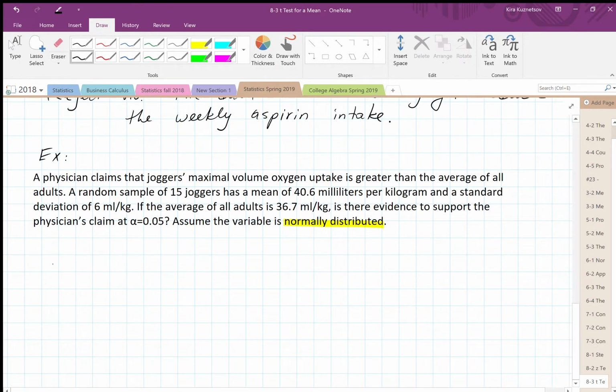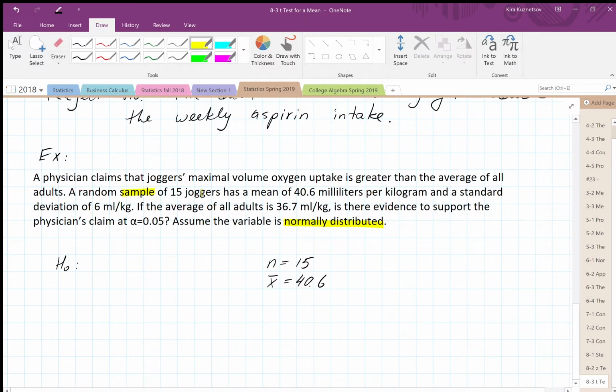So let's do this one. Step 1. Identify the null and alternative hypothesis. Physician claims the jogger's maximum volume uptake is greater than the average of all adults. A random sample of 15 has a mean, so that's the mean of the sample.